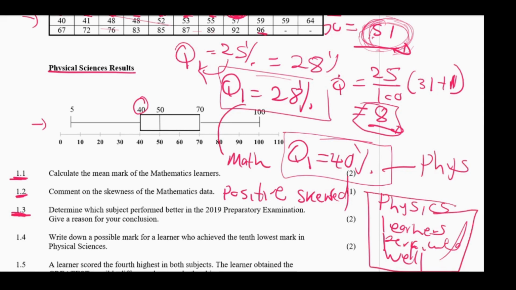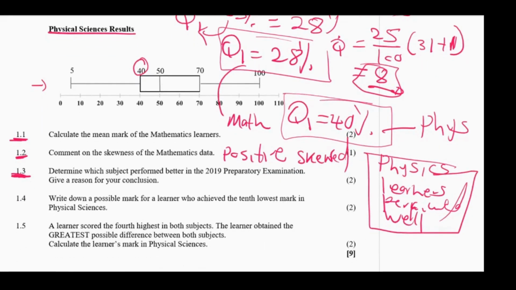Now, 1.4 says to write down a possible mark for a learner who achieved the 10th lowest mark in physics. Let me erase everything here.